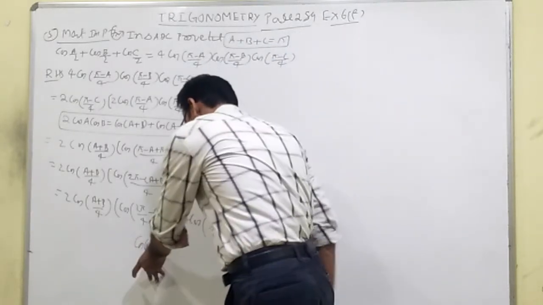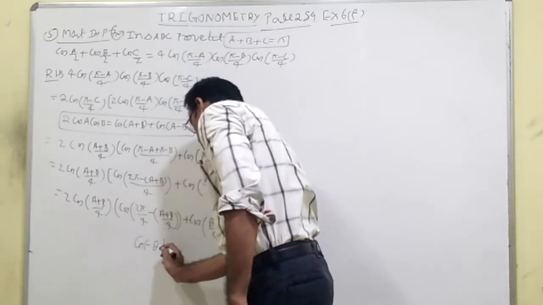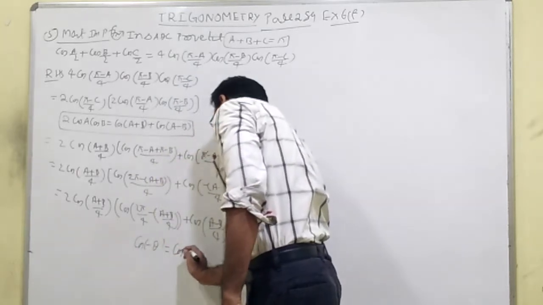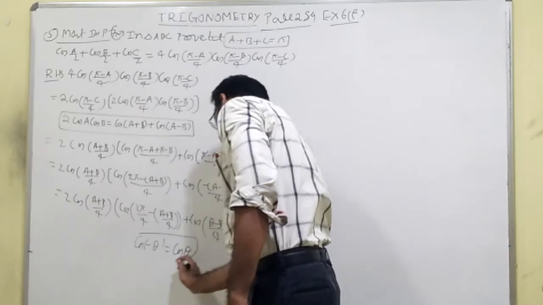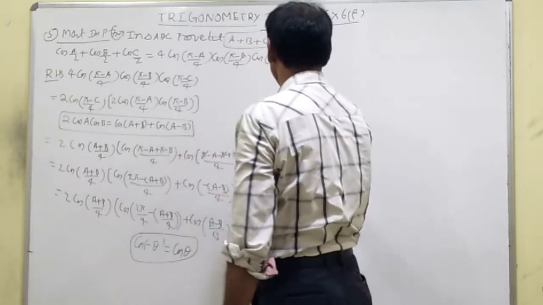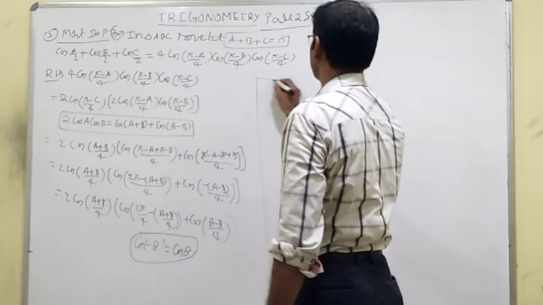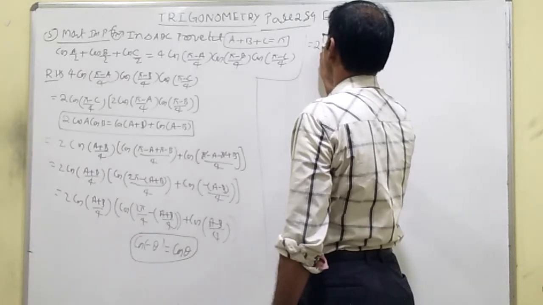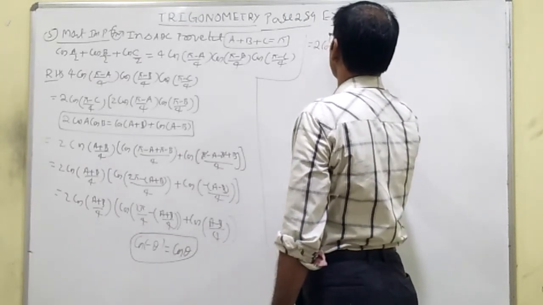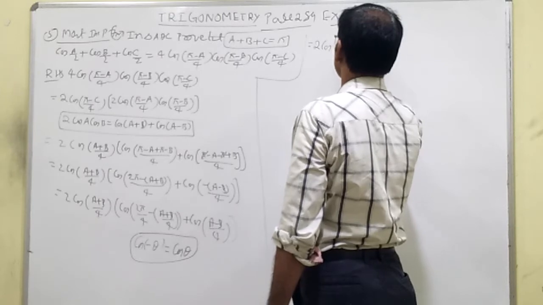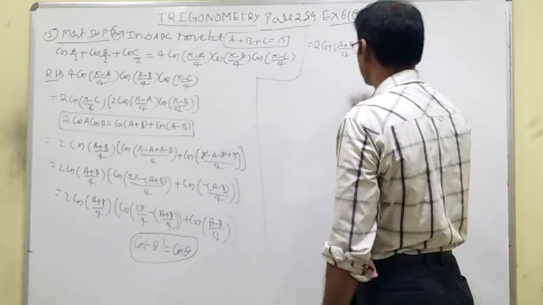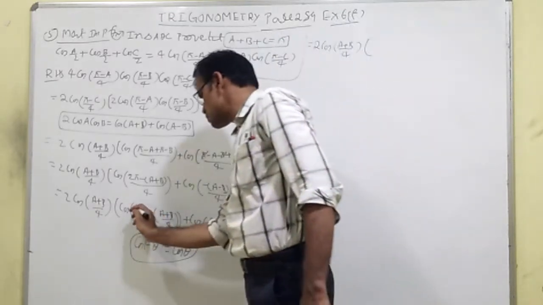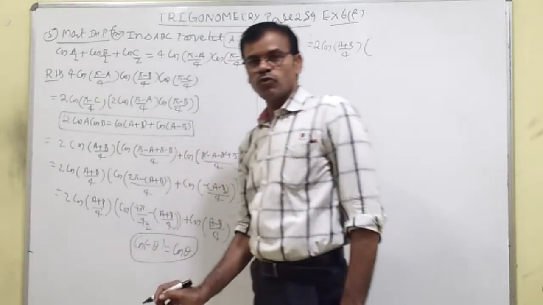So whenever minus is there within the brackets, you will get only plus. Cos of minus theta is equal to cos theta. Next step we can write 2 cos of A plus B by 4 into, this 2 will get cancelled, 2 times in 4.